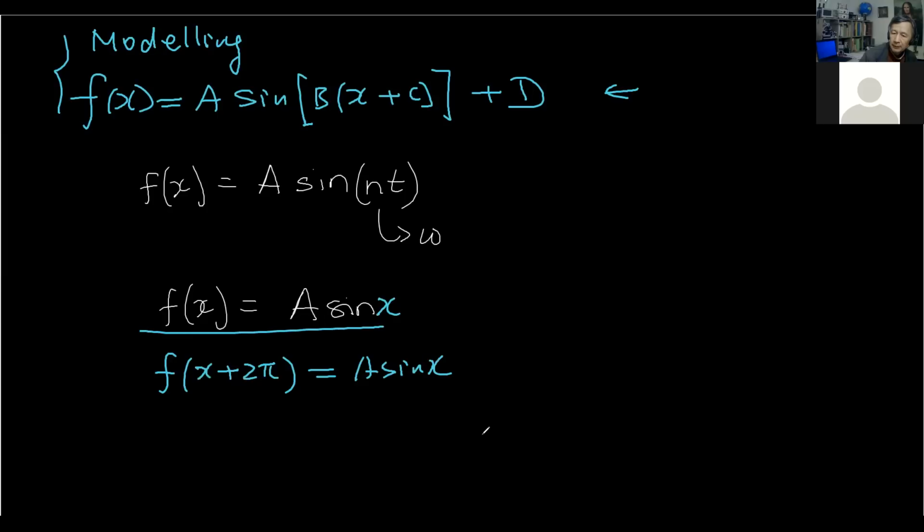In this case, T is the period, so T equals 2 pi. If this is just x with no coefficient in front, it'll give you the same answer because you just add 2 pi.